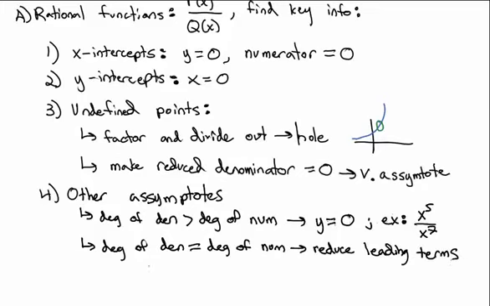What I mean by that is if we have like 15x to the 7th over 3x to the 7th. The leading terms were the x to the 7ths. Here we can reduce the x to the 7ths out, and 15 over 3 reduces down to 5. And so that is our horizontal asymptote.